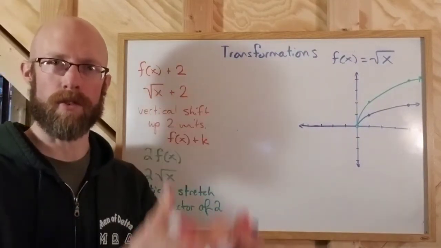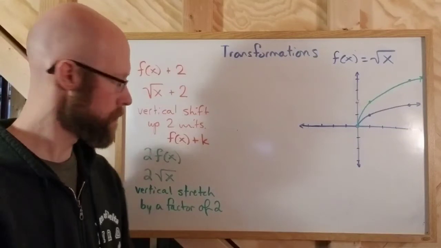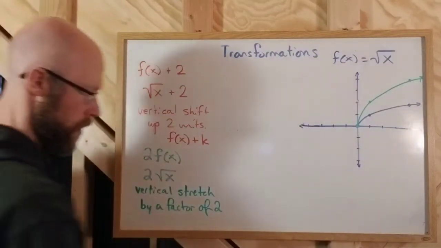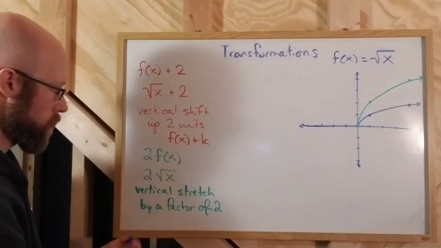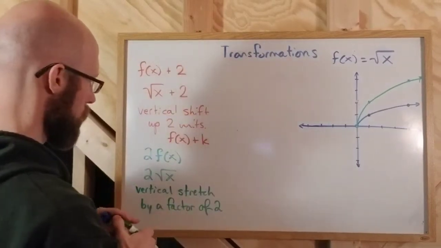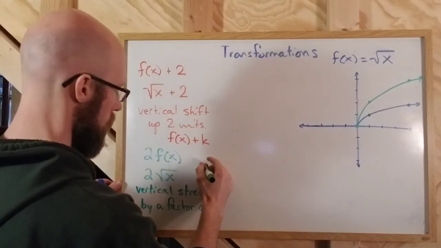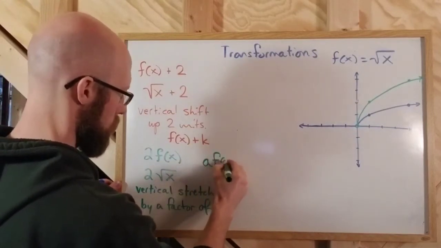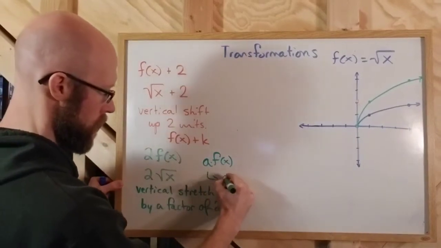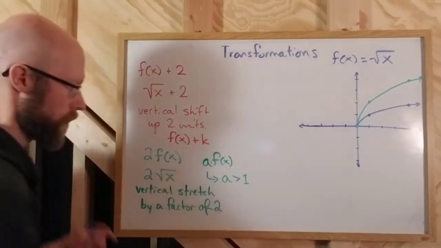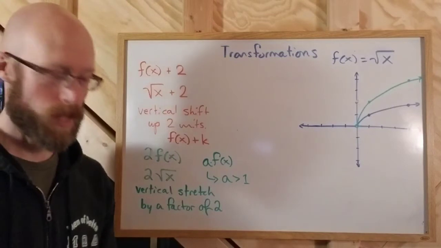K is sort of our vertical motion there. With the vertical stretching, we would say this is like multiplying it by a, so it'd be like a times f of x, where the a value in this case, a is greater than 1. Okay, that gives you your stretching.